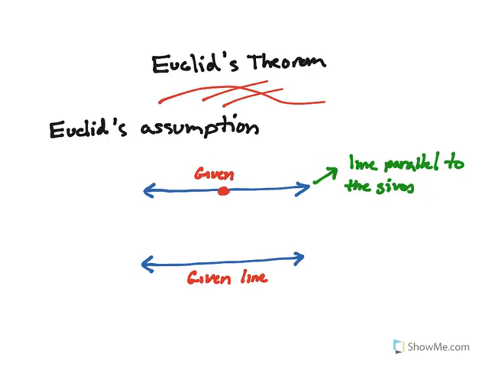All right. And it's going to go through that given point as well. Okay, so let's repeat that. The line that I drew with the green arrow is parallel to the given line at the bottom, and it also goes through that given point.